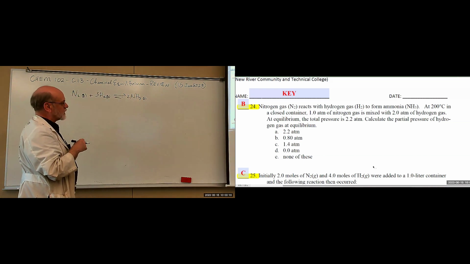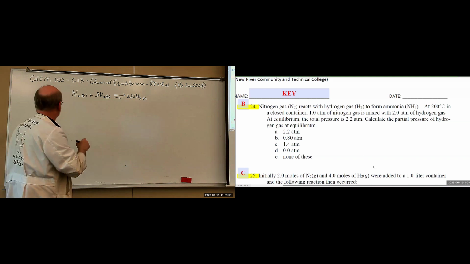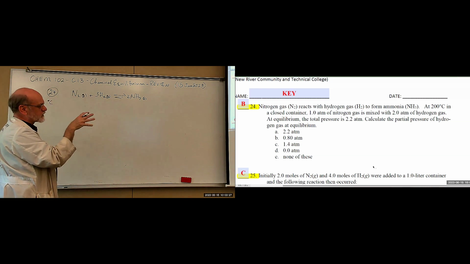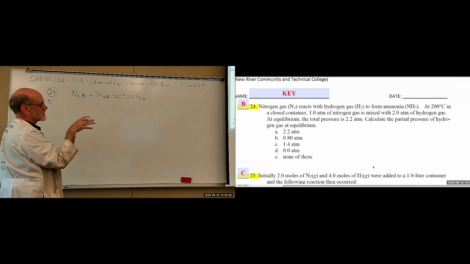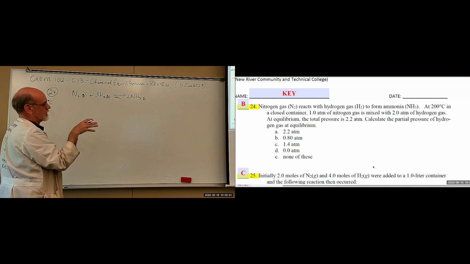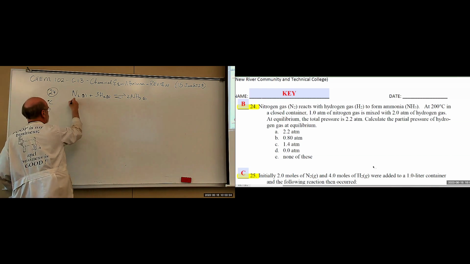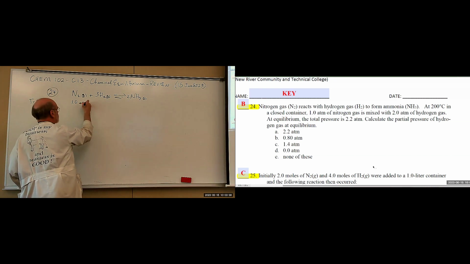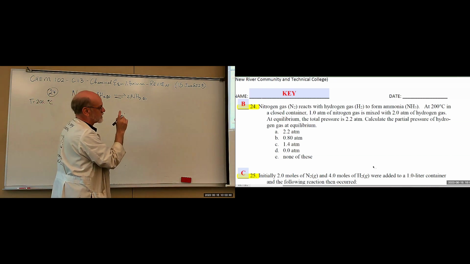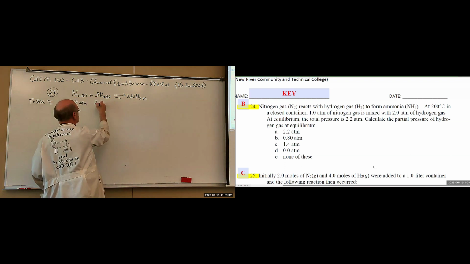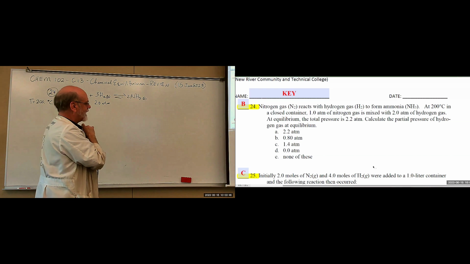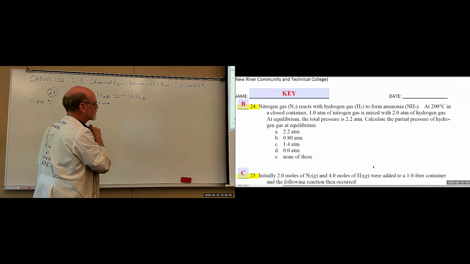At 200 degrees, in a closed container, temperature equals 200 degrees C. In a closed container, 1.0 atmospheres of nitrogen gas is mixed with 2 atmospheres of hydrogen. Okay. At equilibrium, the total pressure is 2.2 atmospheres.